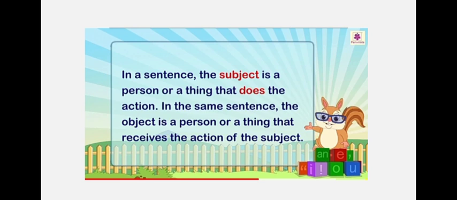It is a person or thing that receives the action of the subject. Is it clear? The person or thing receiving the action performed by the subject is called the object.